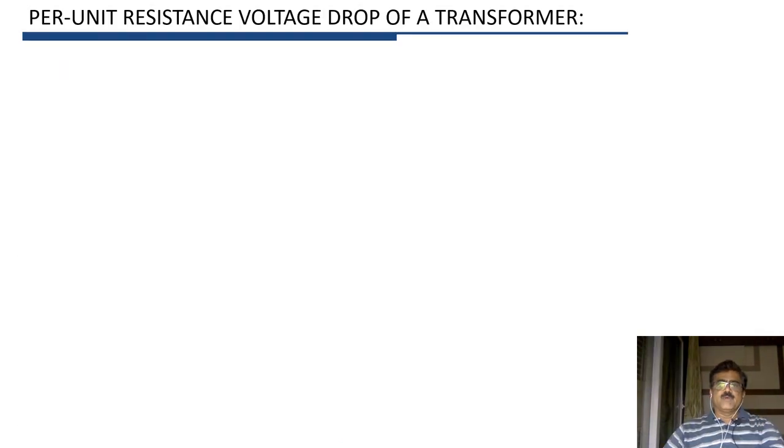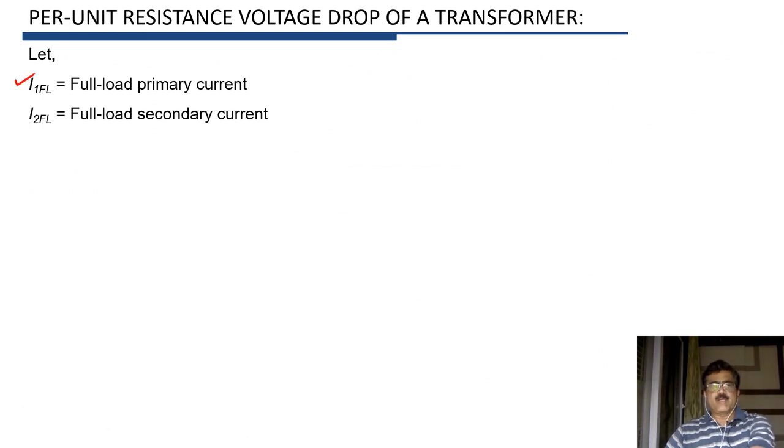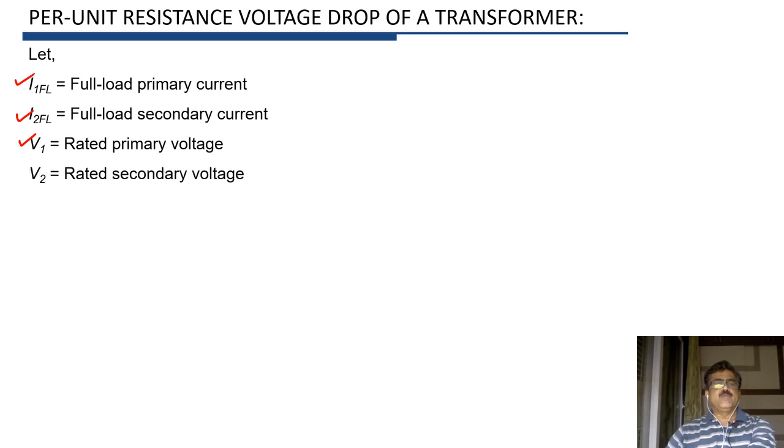Let's first see what is per unit resistance voltage drop in transformer. For that, let I1 full load be the full load primary current. Similarly, I2 full load is the full load secondary current. Now let V1 be the rated primary voltage, and V2 the rated secondary voltage.